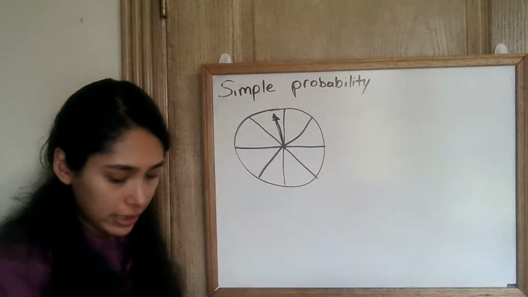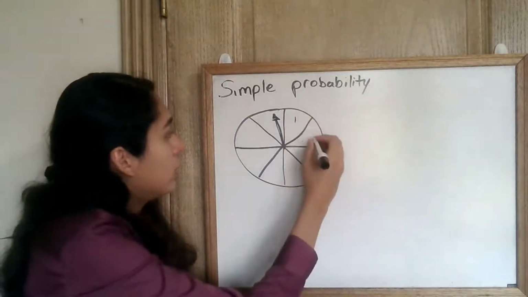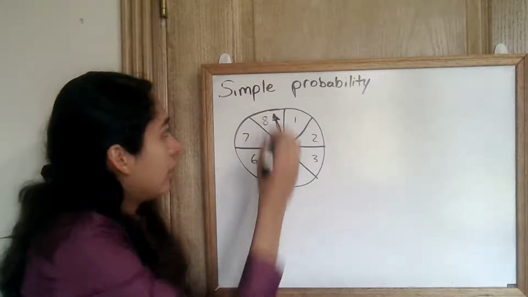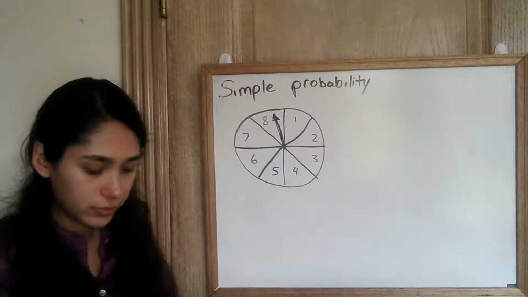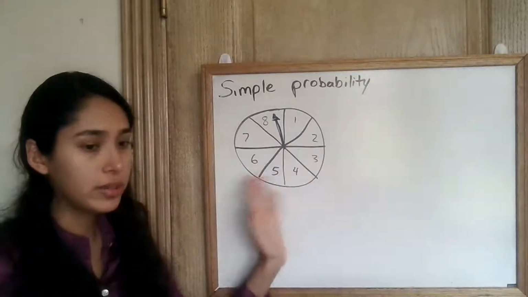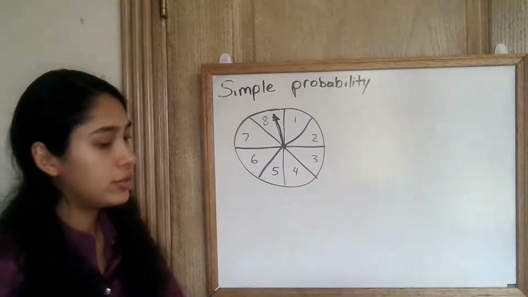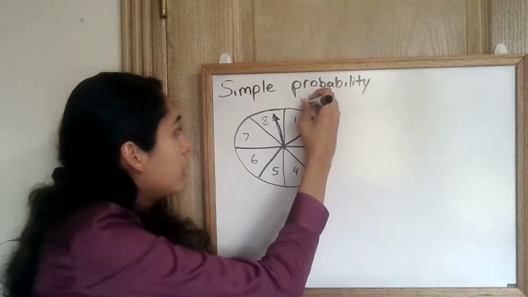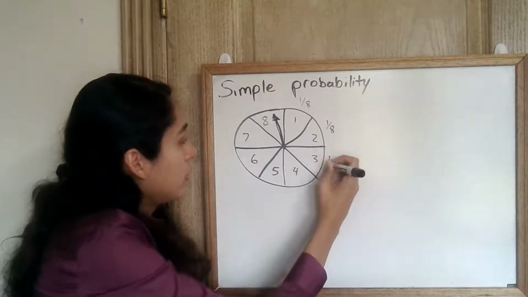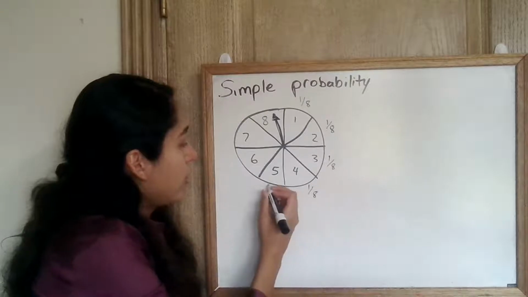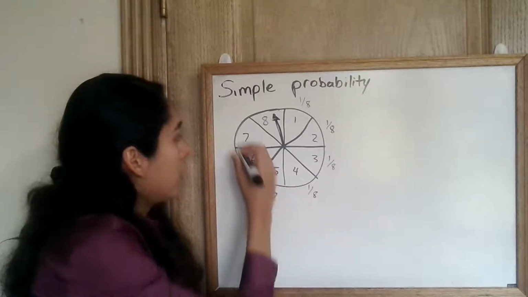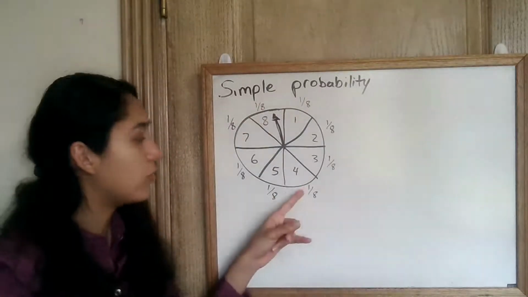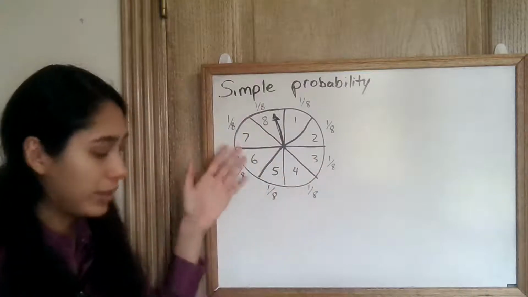So here, let's go ahead and number them. 1, 2, 3, 4, 5, 6, 7, and 8. So here we have the spinner, and let's say they have an equal area. We know that there's a 1/8 probability of it falling on each one. And we know that because there's 8 pieces, and for that one piece, it's one possibility of the 8 possibilities.